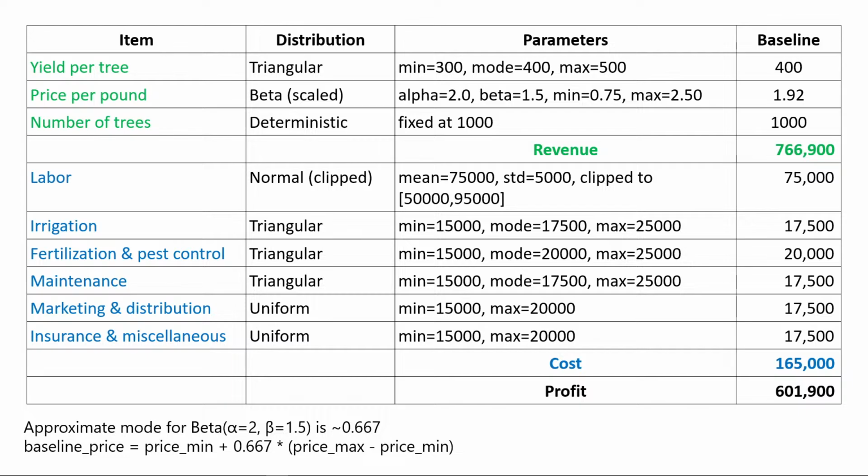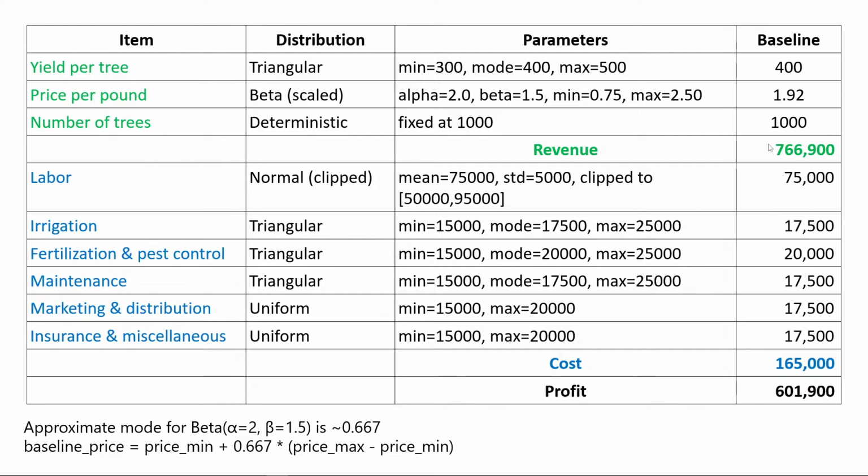So basically I can just calculate my baseline cost. My baseline is per yield per tree, so the triangular. I can assume my baseline is 400 pounds per tree. Price per pound, if I did this scale beta, you get about a nominal or average cost of 1.92.